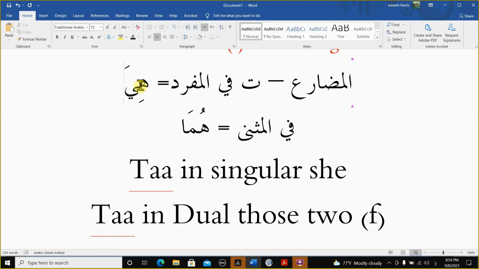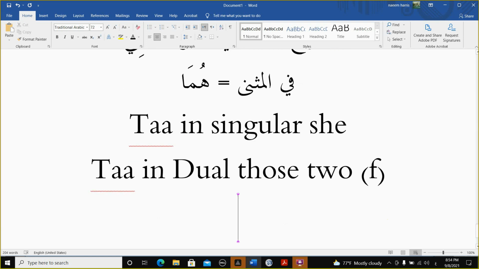So the ta, now this is the real tricky part. After all of that, the alif is always going to be for ana. Always. Every example. The alif is always going to be ana. Why is it doing that?